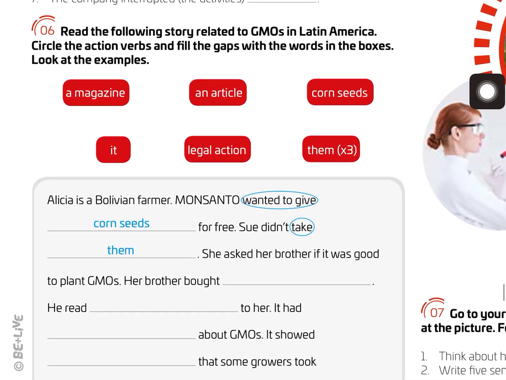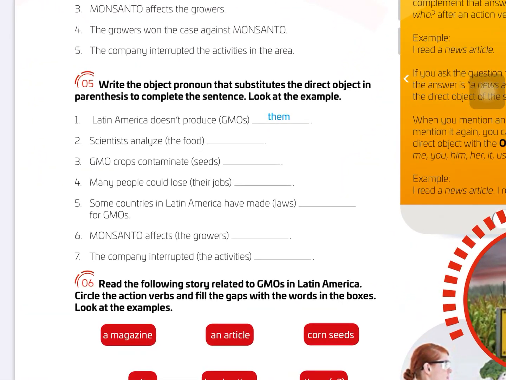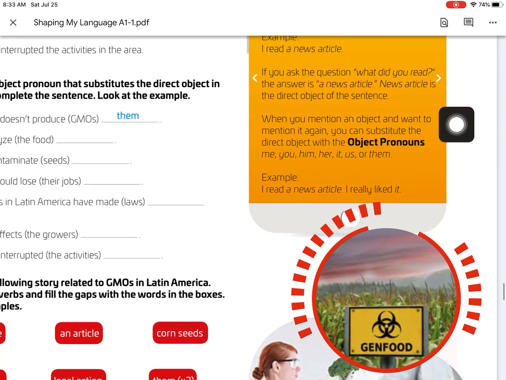I go to point number 5. So in point number 5, we are going to have this. Write the object pronoun that substitutes the direct object in parentheses to complete the sentence. Yes. So look at the example. We are going to look for the object pronoun. Remember that the object pronouns that we have here are me, you, him, her, it, us, or them.